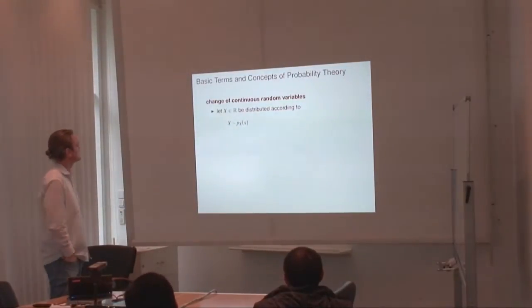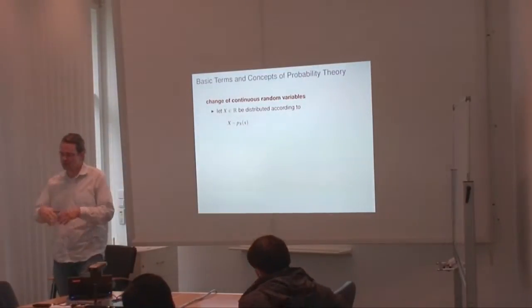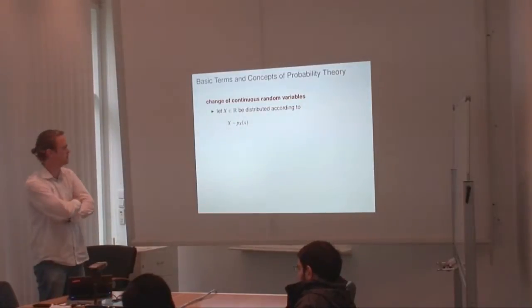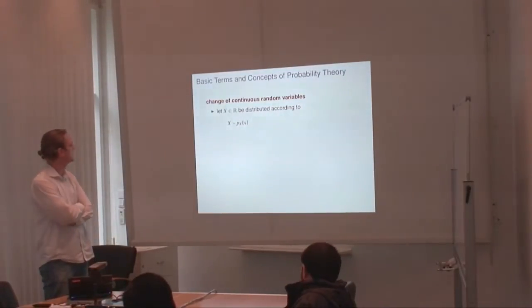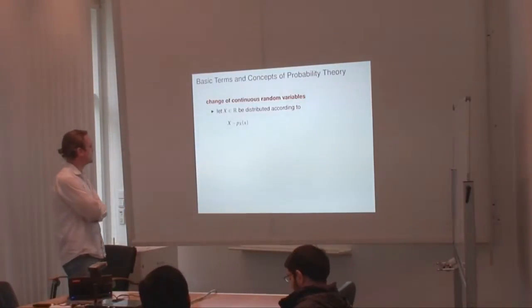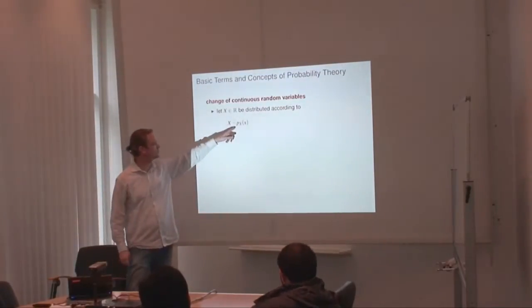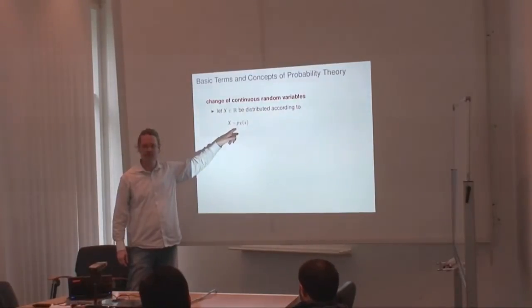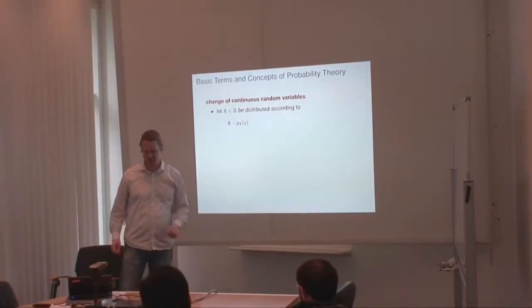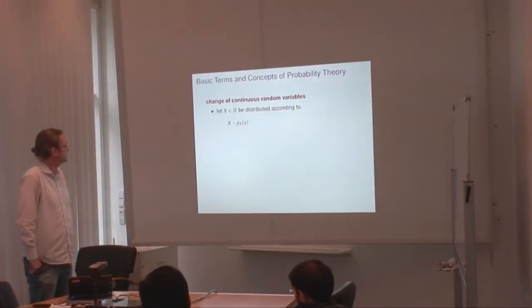What I mean by that is, if we consider a random variable x, and again assume, for the sake of simplicity, which is enough for us in this course, that this random variable assumes values in the real numbers, and let us assume that it is distributed according to some probability density p, and I'm using the subscript x here to indicate that this is the distribution of this random variable. So x is distributed according to p_x of x.